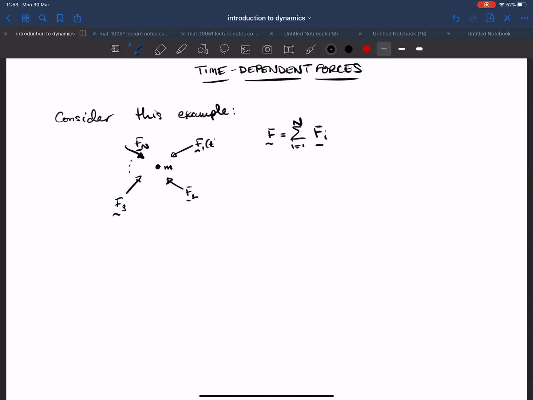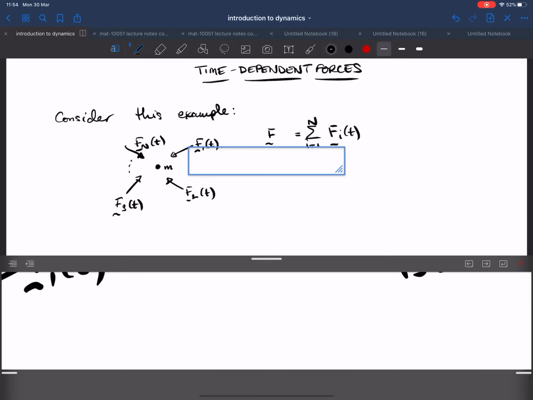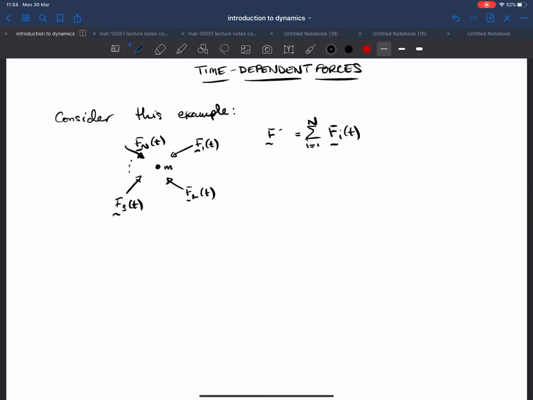And if these things were time dependent, which could happen, in other words, the magnitude and the direction of the force change with time, then the resultant force F that we'd use in Newton's second law would be a time dependent vector. Okay, so this would be a time dependent vector. And this is okay.